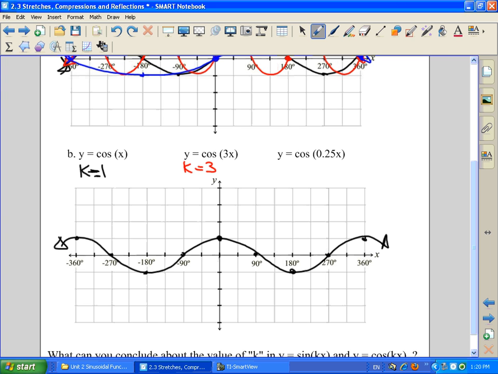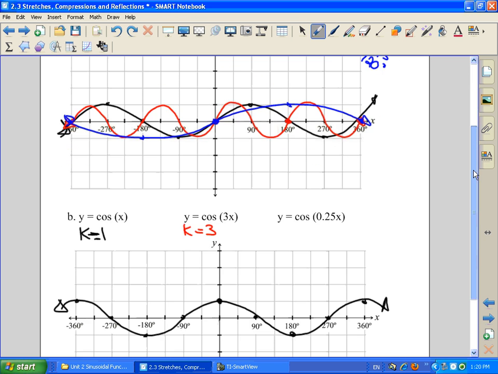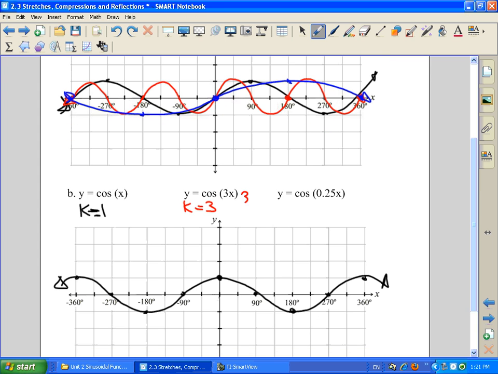All right. So let's take a look at that. What we need to remember, folks, is the period is 360 divided by k. So 360 divided by 3, so the period equals 120 degrees. All right.